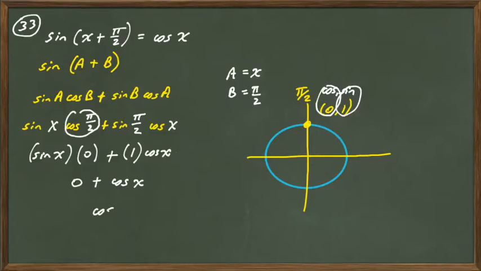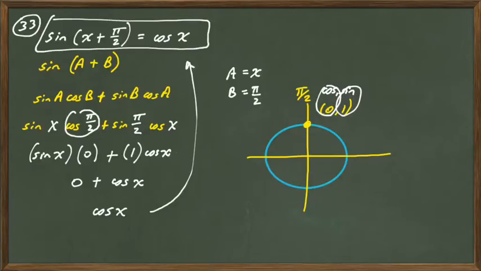So I have 0 plus cosine, and I think we just verified our even-odd identity. Remember how you had to remember these as even and odd? Now you don't necessarily have to remember them. You can derive them if you like. These are called the cofunction identities. So sine became cosine. If it was cosine, it would have become sine. If it was tangent, it would have become cotangent, and so on.